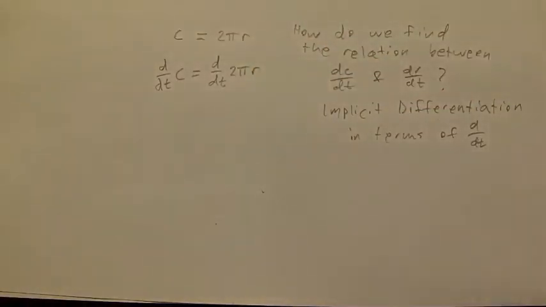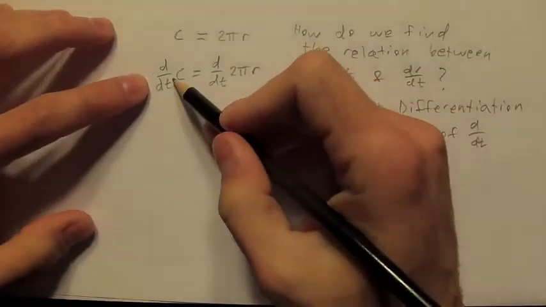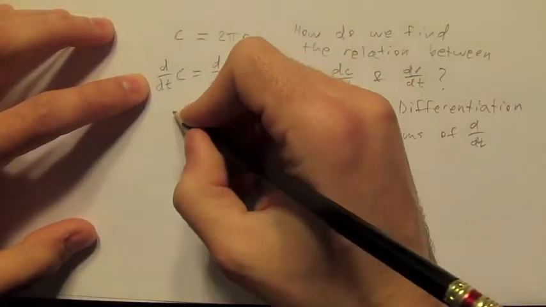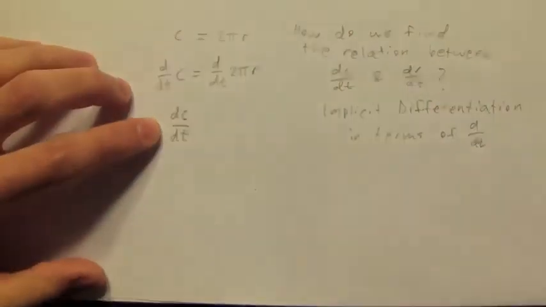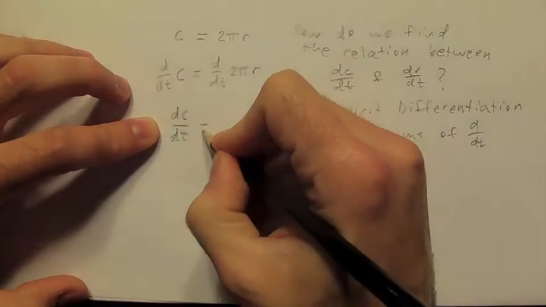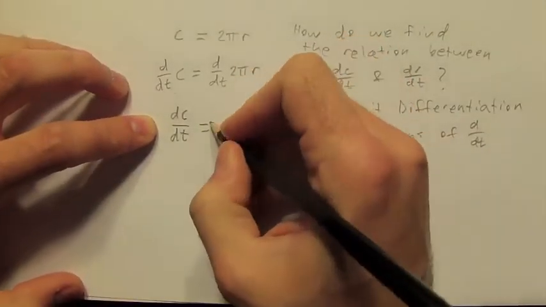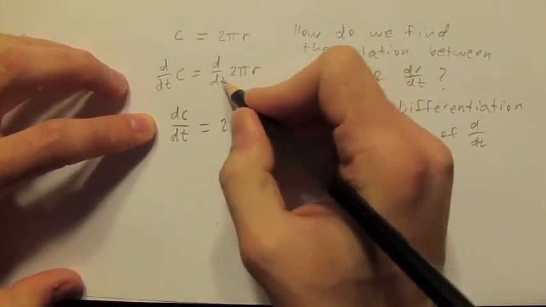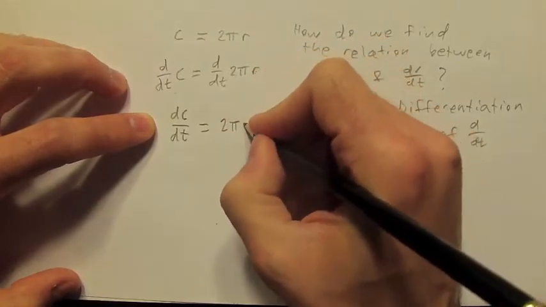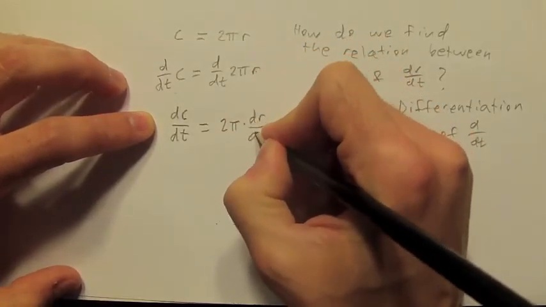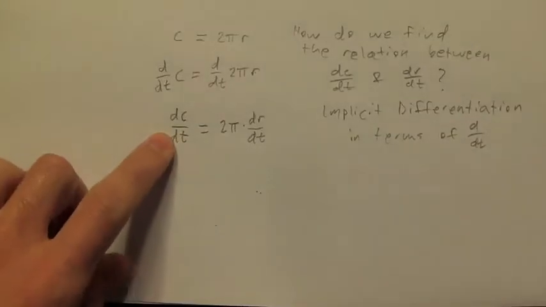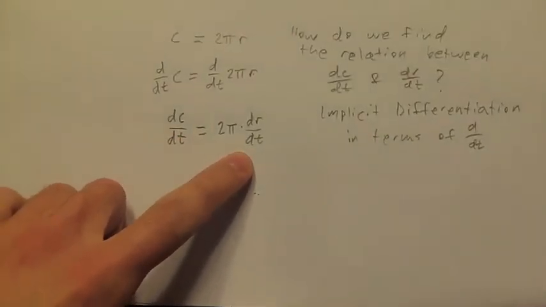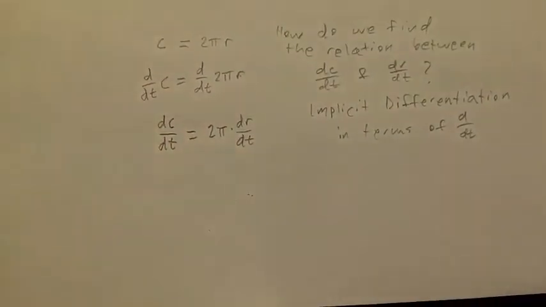Okay? Now, taking the derivative, well, the derivative of c is 1, but we also have to use implicit differentiation, so this will be dc dt. And that 2 pi constant, we can just move outside, and the derivative of r with respect to t is simply dr dt. So this is how the rates are actually related. The rate of the circumference is 2 pi times the rate of the radius.